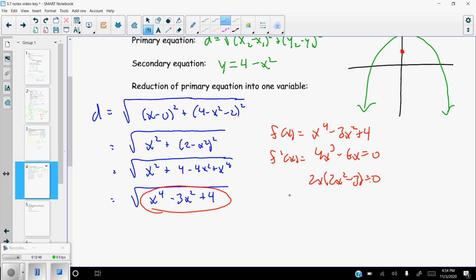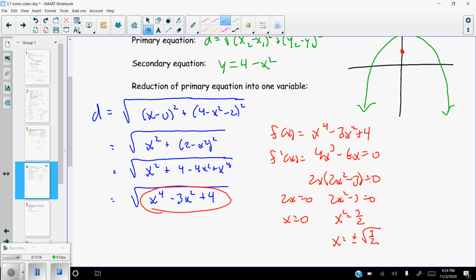So splitting this up, we get that 2x equals 0 or 2x squared minus 3 equals 0. So either x is 0, or adding 3 and then dividing by 2, we get that x squared is 3 halves. So taking the square root of that, x is the positive or negative square root of 3 halves. That is not a pretty number right there.